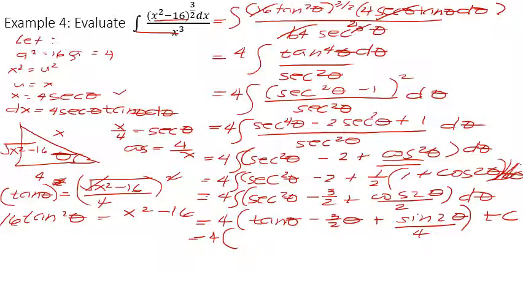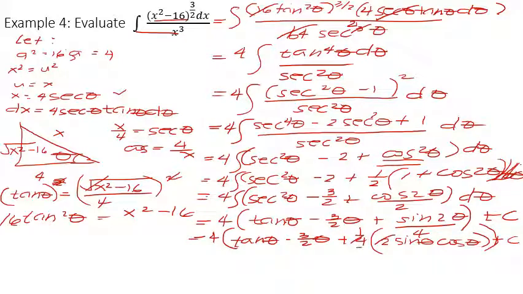The identity of sine 2 theta: we have tan theta minus 3 over 2 theta plus, or just put the 1/4 away, this is equal to 2 sine theta cosine theta plus c. So cancel, this becomes 2.